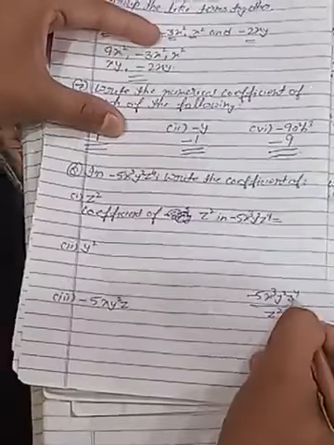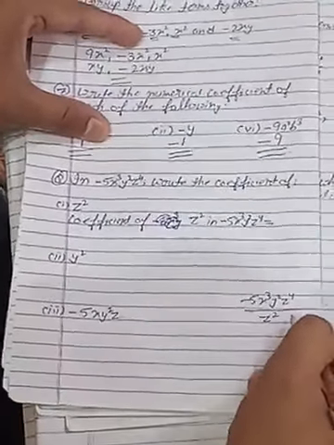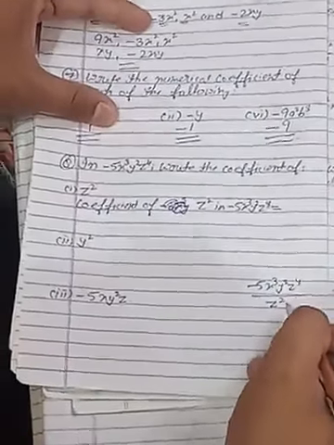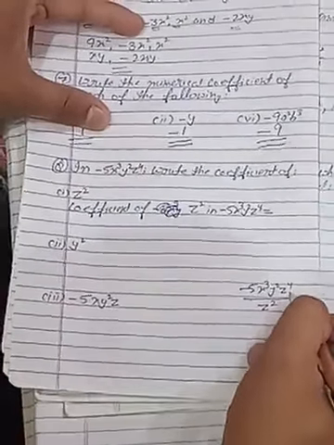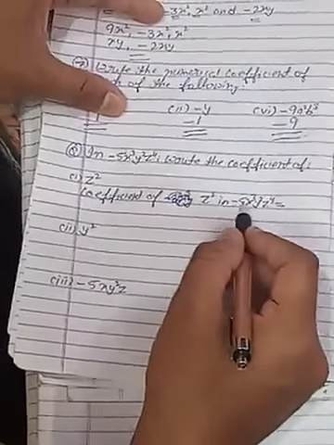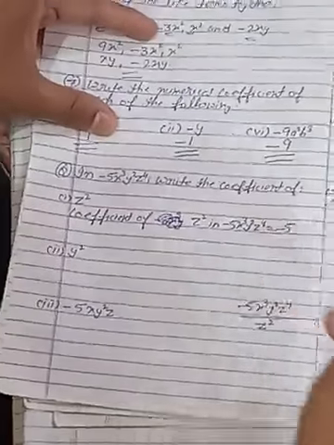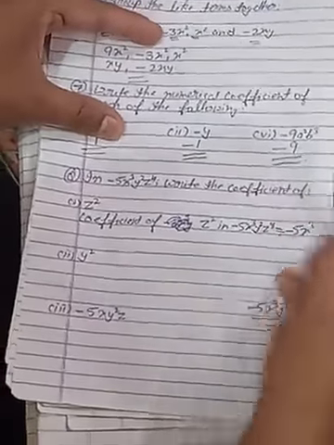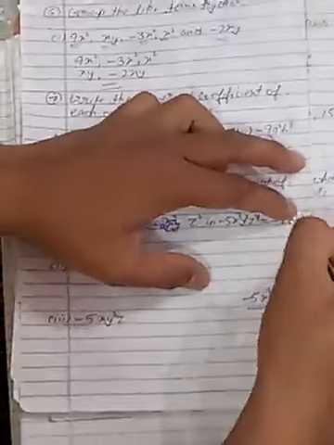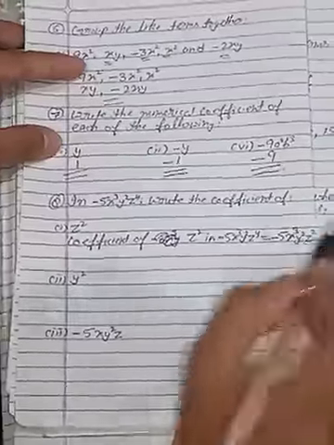So here is z4, here power 2. So in divide we can subtract the powers. So here power 4, here 2, it means what power is left? z2. So coefficient of z square in minus 5x cube y square z4 is minus 5x cube y square. Here power 4, here 2, it means 4 minus 2, 2.